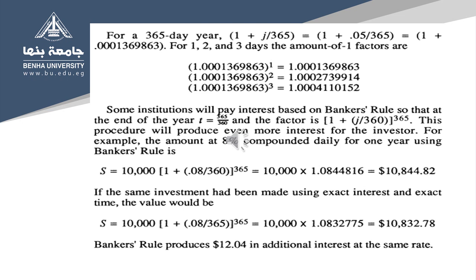Some institutions will pay interest based on the bankers' rule, so I want every student to know the meaning of the amount of one factor in compound interest: (1 + J/365) or (1 + J/360) to the power T.